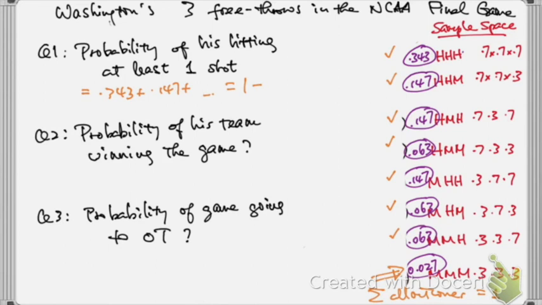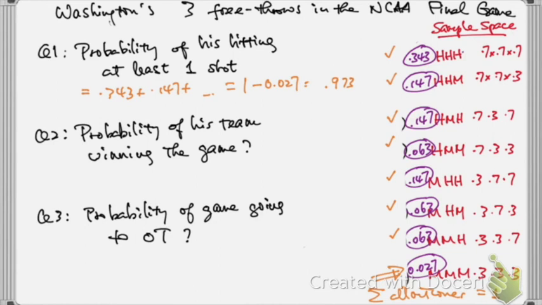So I can just do 1 minus 0.027, which would give me 0.973. So of him hitting at least one shot, very high probability.